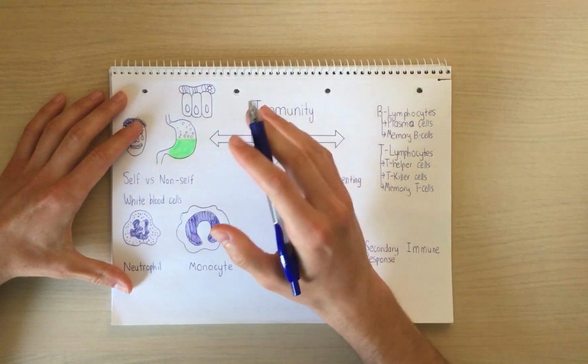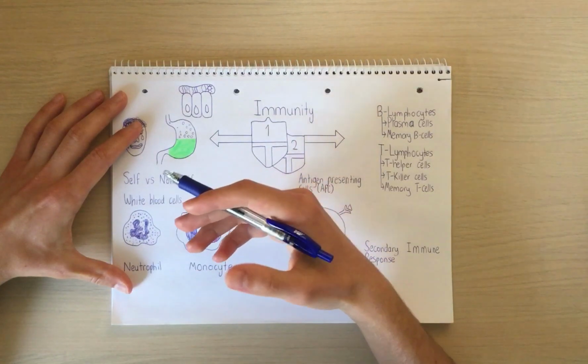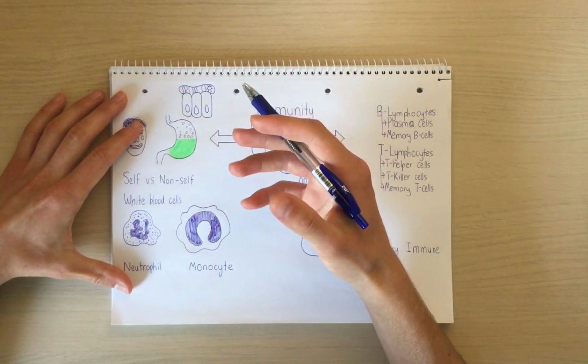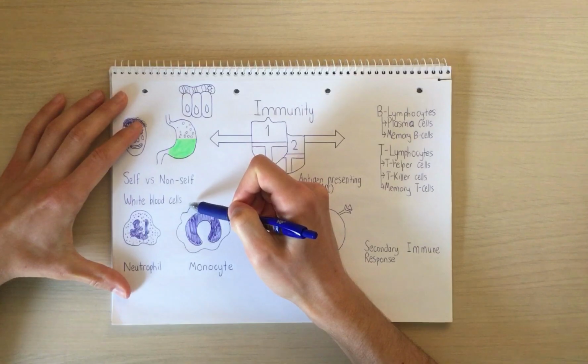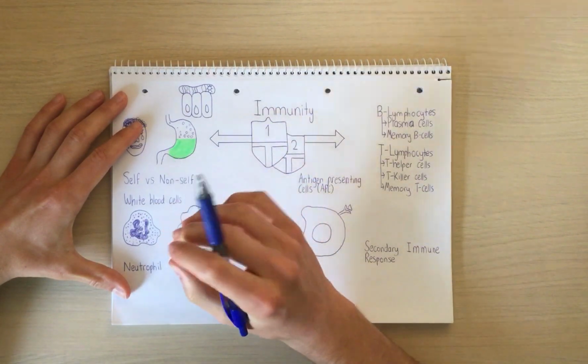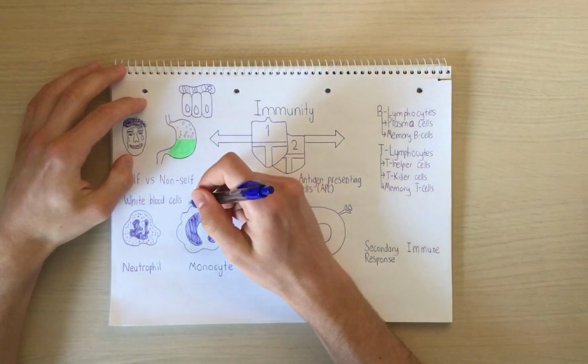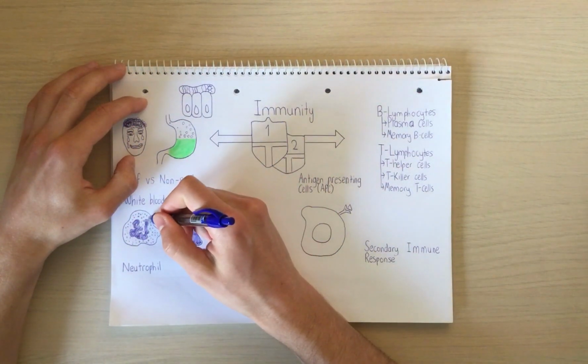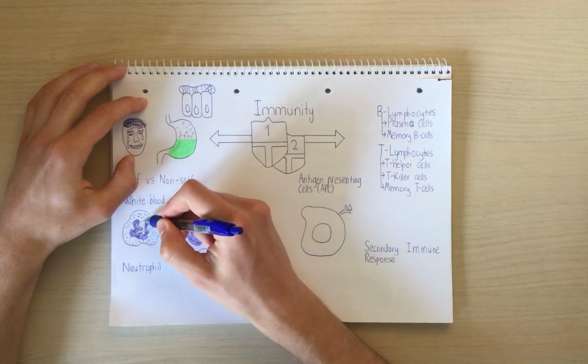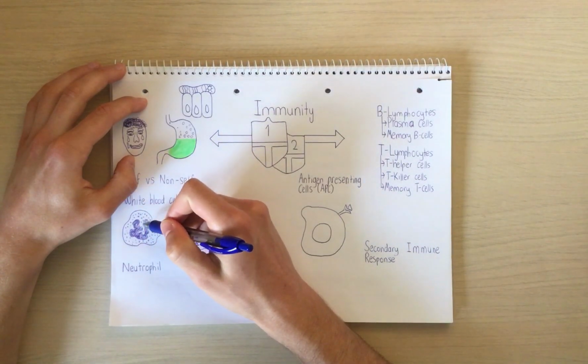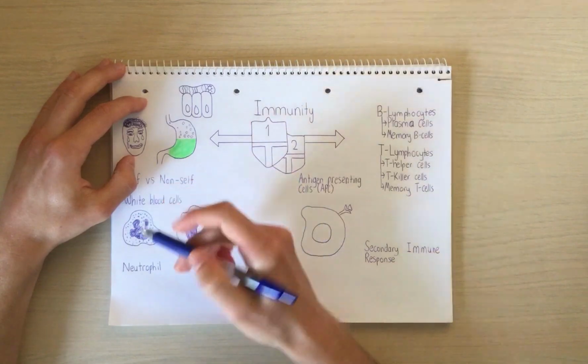And because they stimulate phagocytosis, they're called opsonins. The neutrophil will reach the bacteria, and then with its receptors, it will bind to the opsonins, and then it will engulf the bacteria. The bacteria will then be in a vesicle within the phagocyte, and that vesicle is called a phagosome.